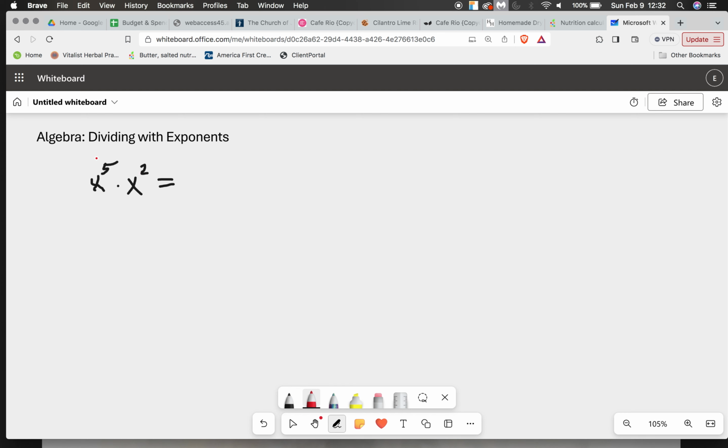So in this case, 5 and 2. Add those together and that gives us our new exponent number. So in this case it would be x to the power of 7 because 5 plus 2 is 7. We went through last time why that is. If we write out all the x's involved in each of these, all the factors of x, you would get 7 x's. So x to the power of 7.